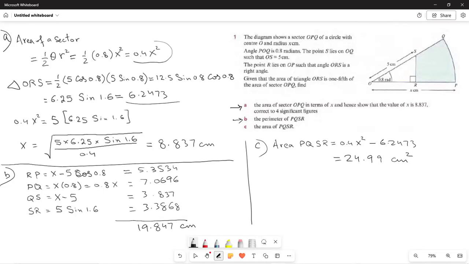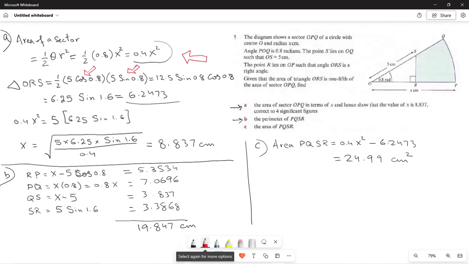I hope it was interesting. We used several concepts here. One of them was the area of a sector. And again, these are some small things, like how we find the perpendicular distance and the base of this right angle triangle. And there's a small trick I use over here.